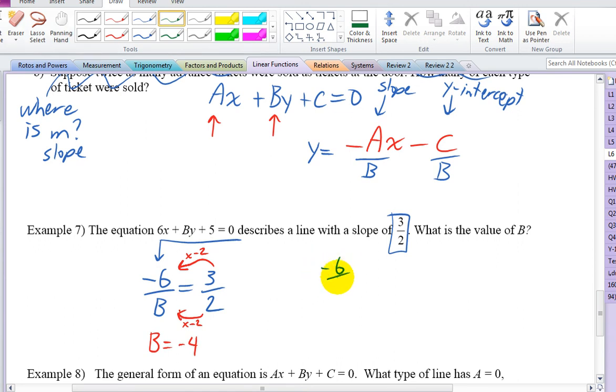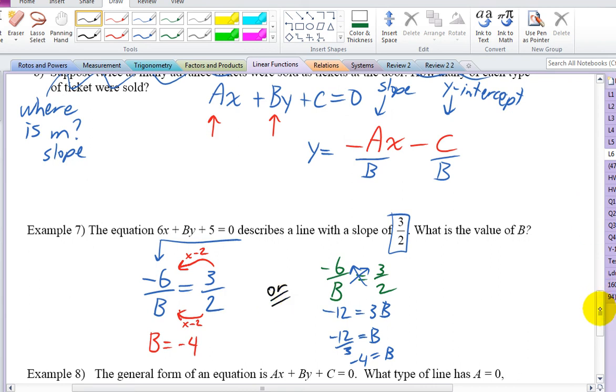Now I'll show you the algebra way. Okay, negative 6 over b equals 3 over 2. Cross multiply. So you get negative 12 equals 3b. Then b equals negative 12 divided by 3. So negative 4 equals b. Okay. So it's your choice which one you use.